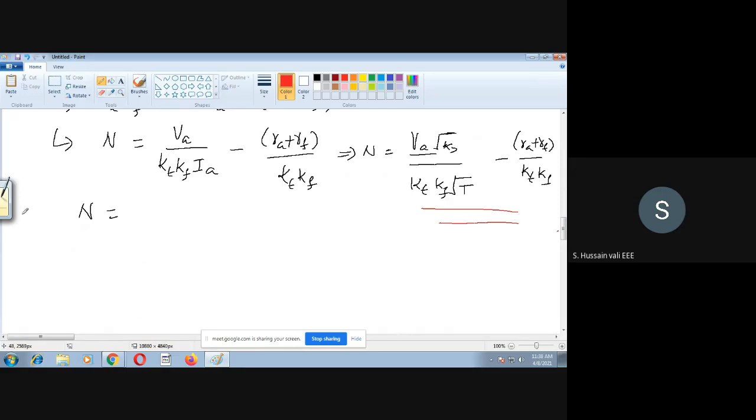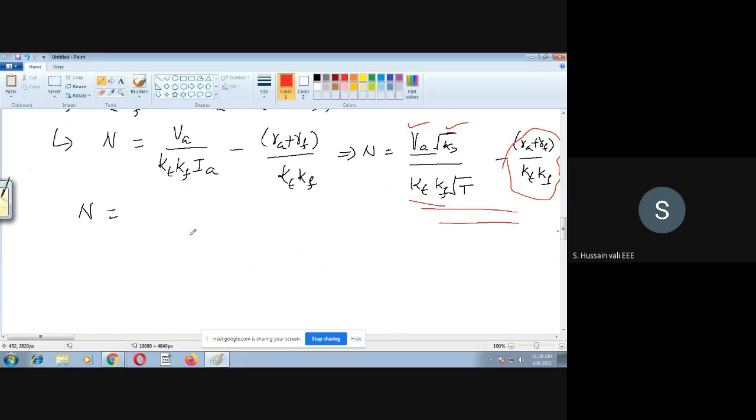So in that case, what do you get in the equation here? Va is constant, root Ks is constant, Kt Kf is constant, and this entire part is constant. Then what is the relationship here? You see, N is inversely proportional to root T. So this is also not a linear equation, it is another equation.